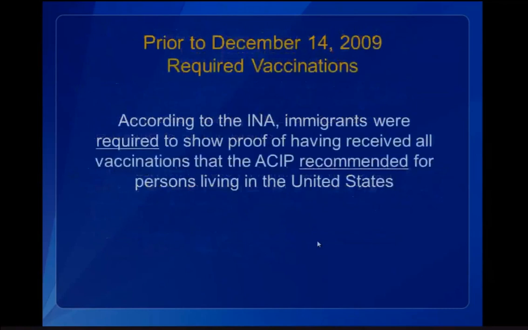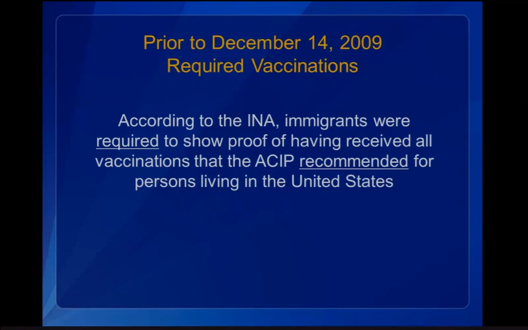And ACIP makes recommendations for the U.S. public, for people who live in the U.S. And those vaccinations are required for people who are being examined overseas and are immigrants or people who are adjusting status in the U.S. because adjusting status is more or less equivalent to applying as an immigrant when you're overseas.